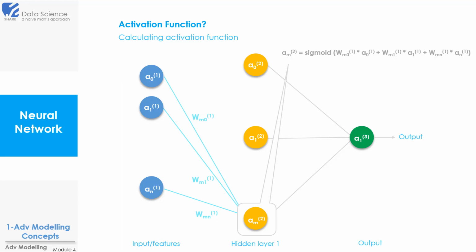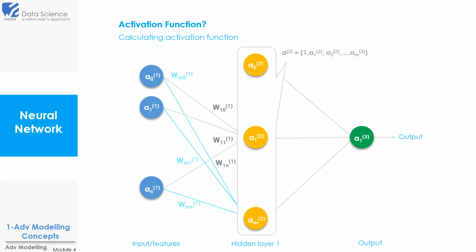Now once all the neurons are calculated, we can write them in the form of a vector as shown here. You can see that each of the neurons from the previous layer is contributing to calculating the activation function for each of the neurons in the next layer. Also, as I said earlier, the weights used in calculating each of the neurons are different.